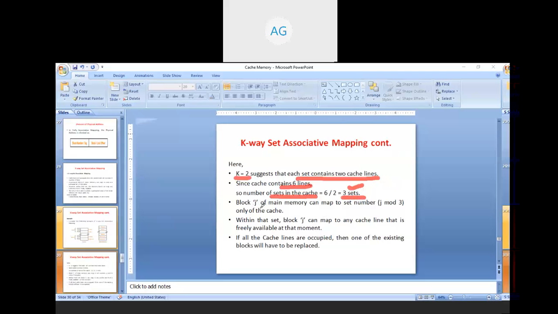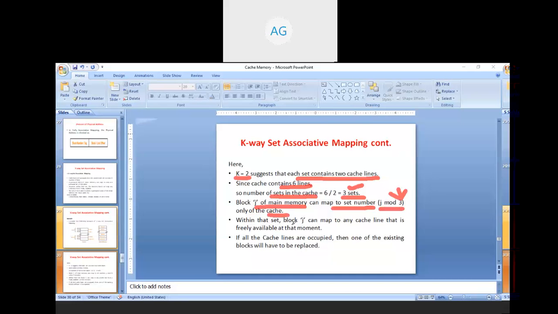Block J of the main memory can map to a set number. As we already know the formula of k-way set associative mapping, we can use the formula J mod 3, because here 3 denotes the number of sets in the cache.